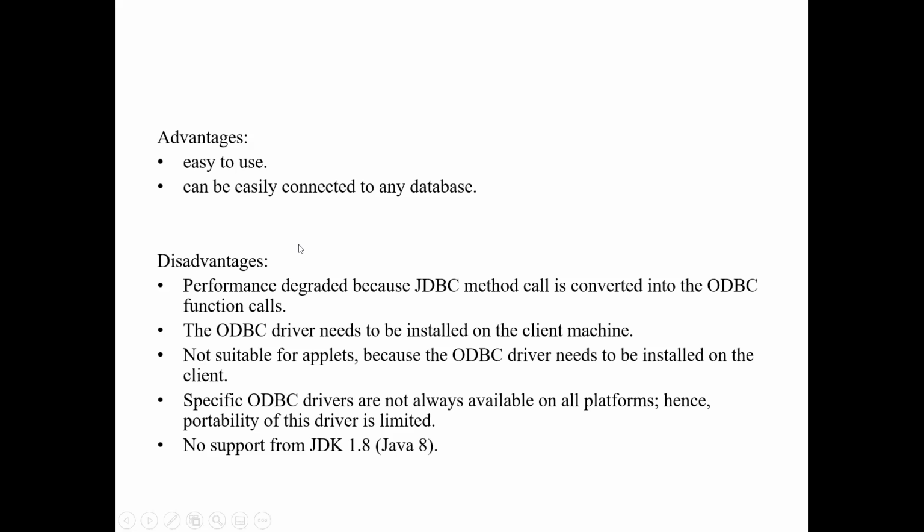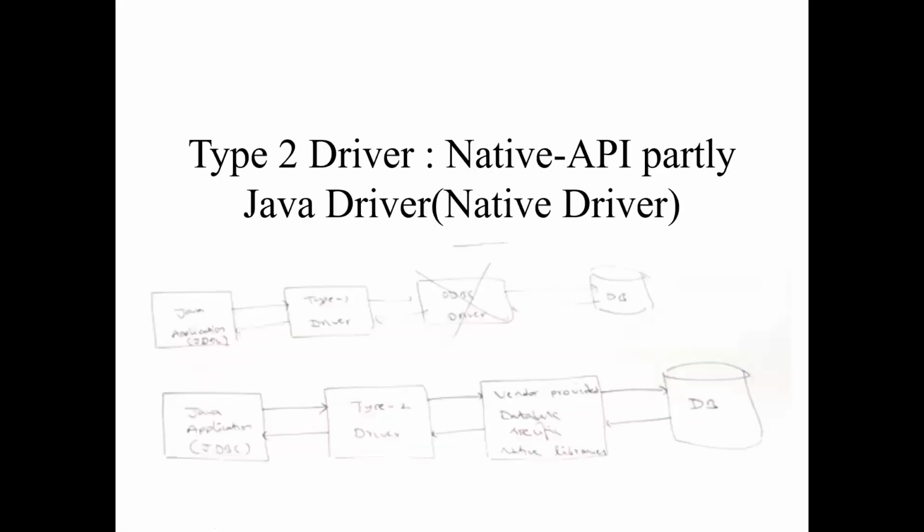But we have a lot of disadvantages too, because this is applicable only for Windows applications. This is platform dependent and not suitable for applets. So the type 2 driver came with the name of native API, partly Java driver, also called native driver.